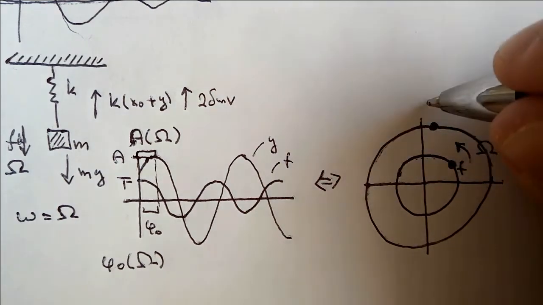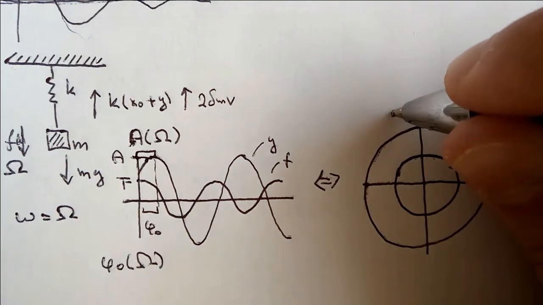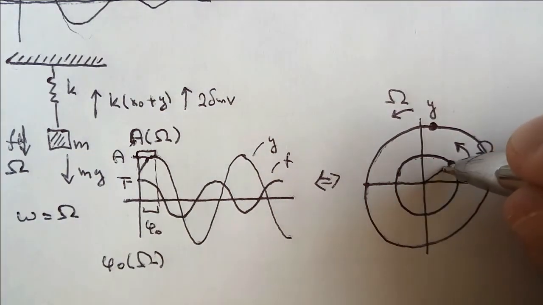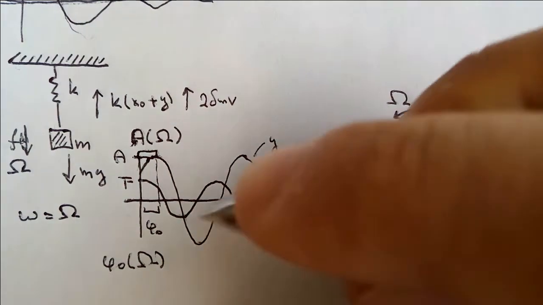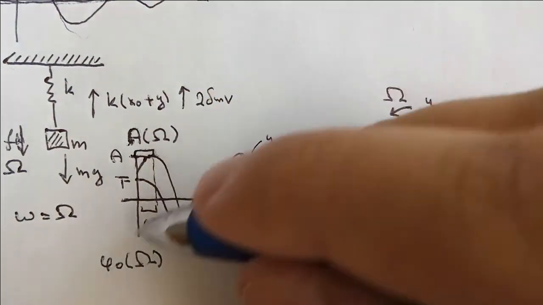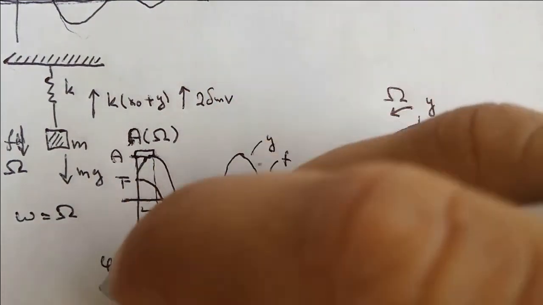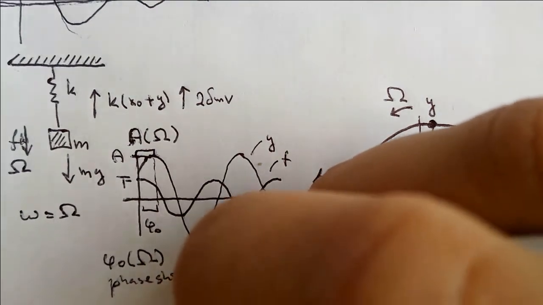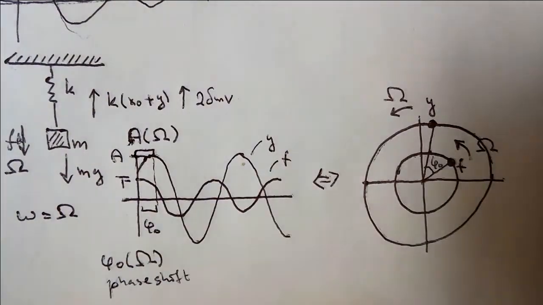This is the f point, this is the y point, rotating again with frequency capital Omega. This angle is the shift, it's called the phase shift, and this is the amplitude.